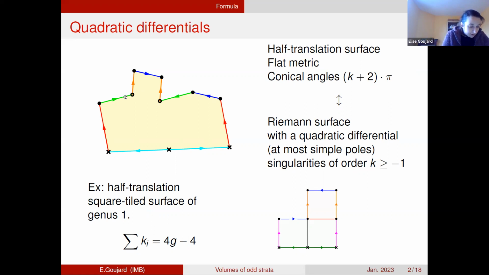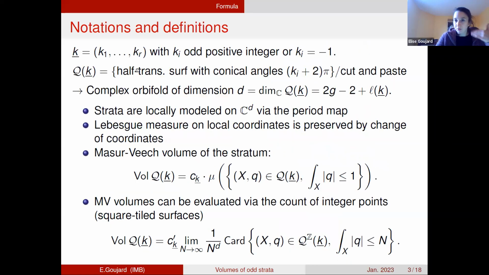Looking only at the independent sides of this polygon, you get a certain number of complex numbers, and you can think of this as your local coordinates in the stratum, in the family of all half translation surfaces. More formally, if you really want to construct these local coordinates, what you consider is the periods of your quadratic differentials. What are these?